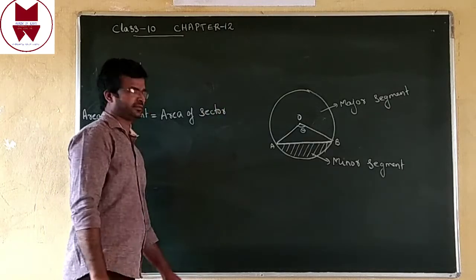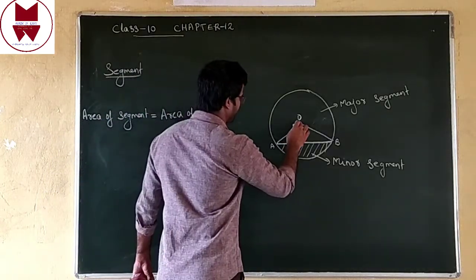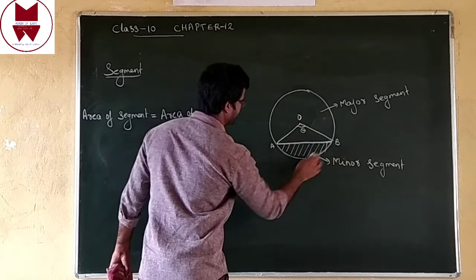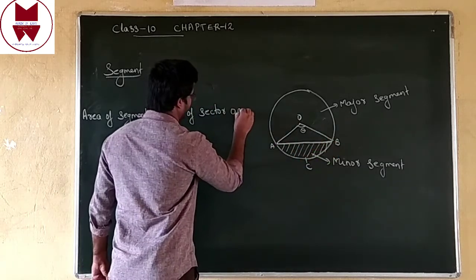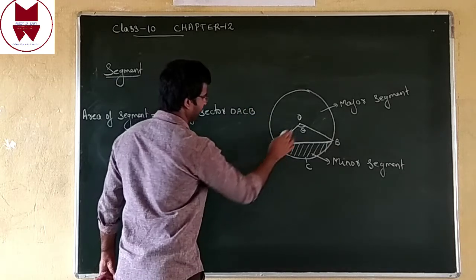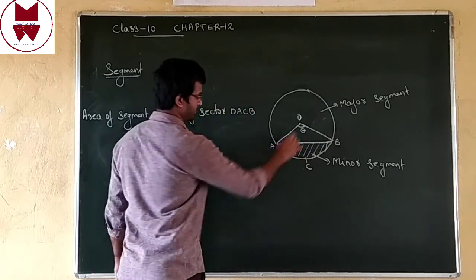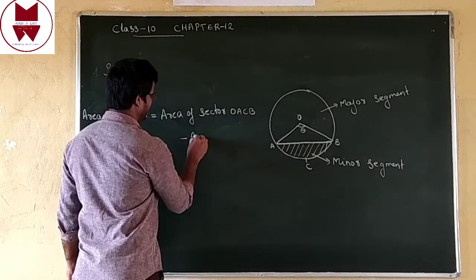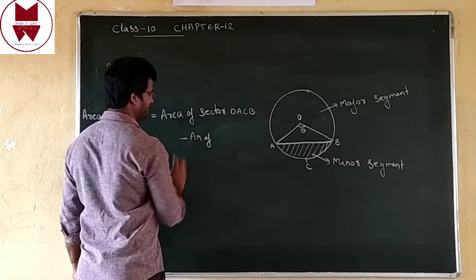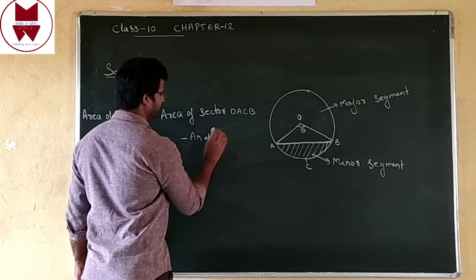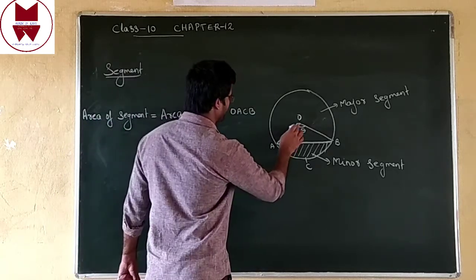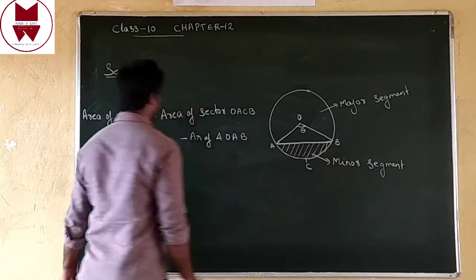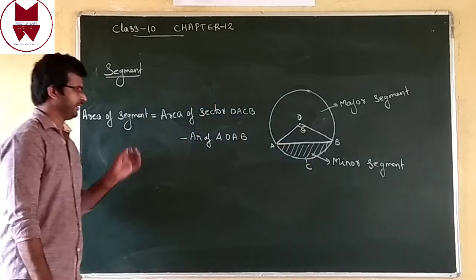Here the sector name we can say OACB. This is the total area of sector. Sector means the whole thing. Then minus area of triangle, one triangle you can see, OAB. This is the formula for area of segment.